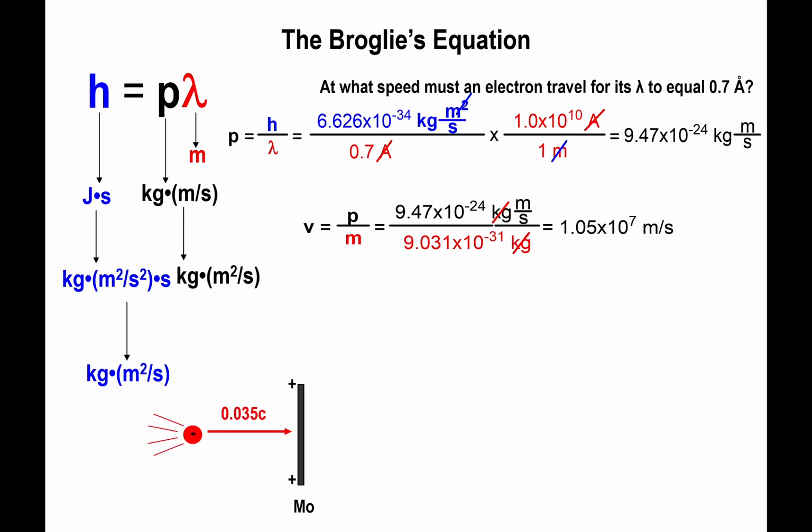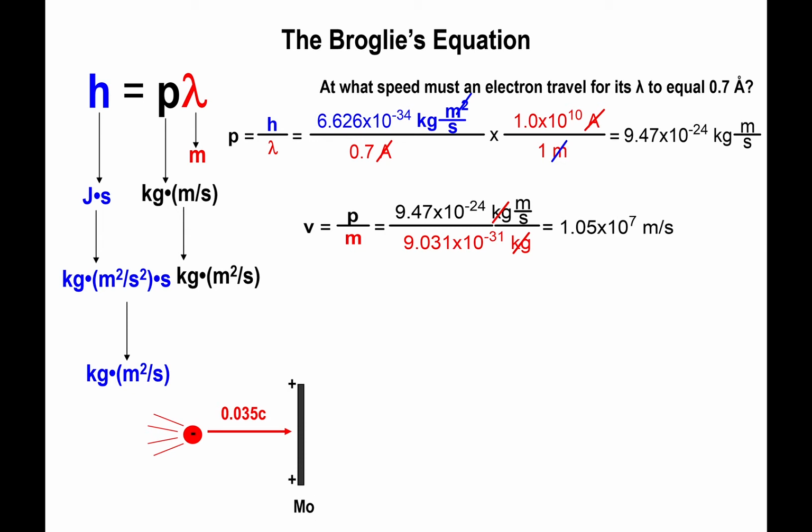The idea I imparted at that point was that you could have this particle traveling at that speed so long as you have a voltaic plate of opposite potential. One way to generate the wavelength you see here, 0.7 angstroms, is to have an accelerated electron colliding with a plate made out of some metal target material like molybdenum, in other cases copper.